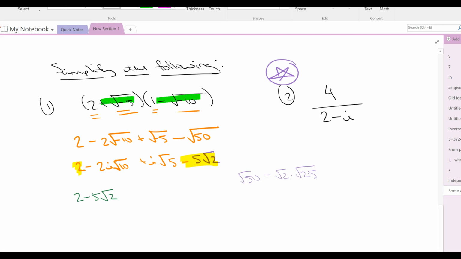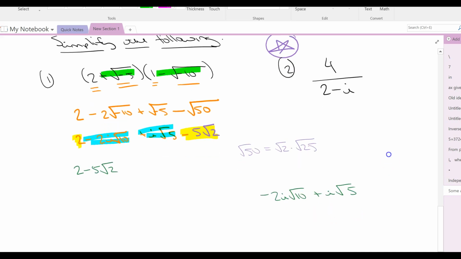Now follow me here very carefully. Negative 2i root 10 and positive i root 5, those are also like terms. So I'm going to go over here and write this down. Watch: negative 2i root 10 plus i root 5.